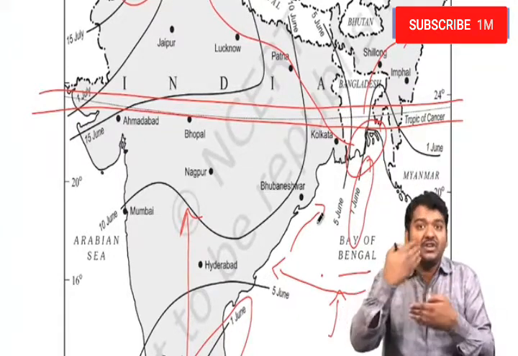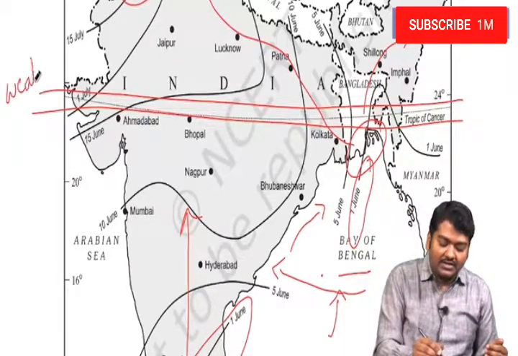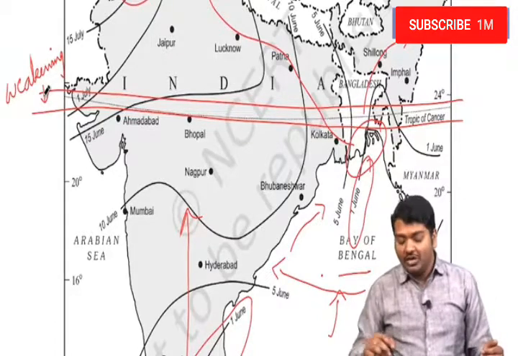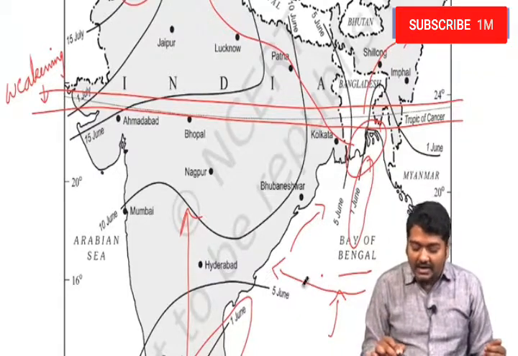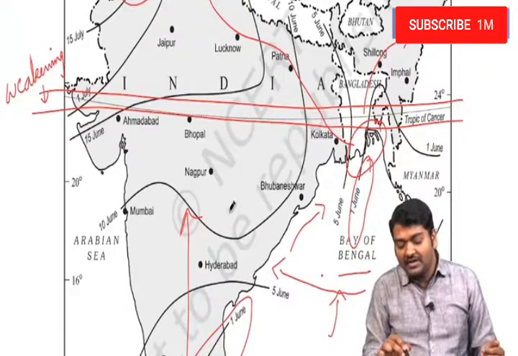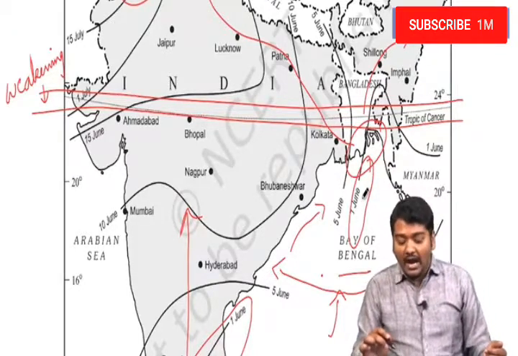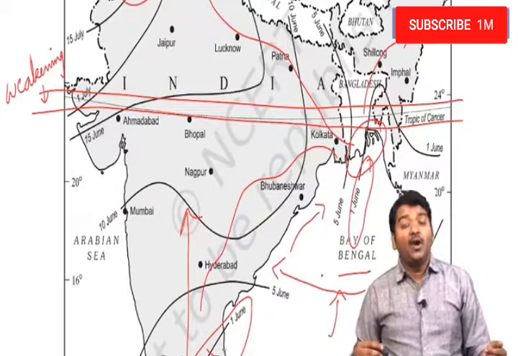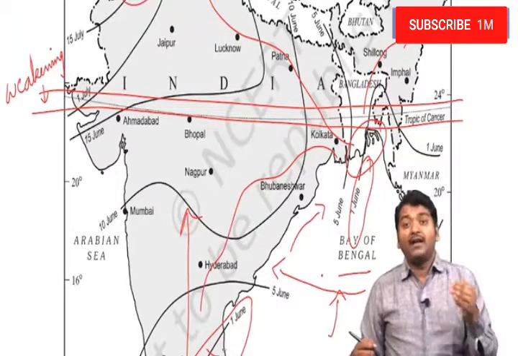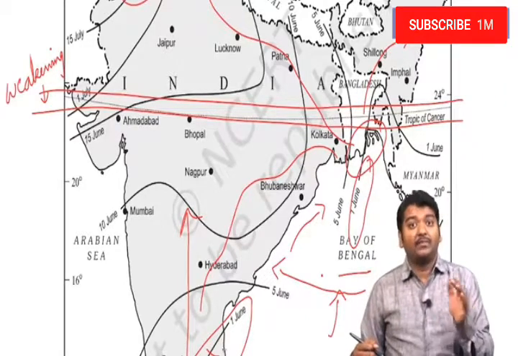Whenever these fluctuations happen, that is whenever the weakening of this takes place, we usually observe recurvature. Rather than entering the Indian coast and giving rainfall, before entering itself it recurved. And because of this, the eastern coast of India did not get much rainfall.